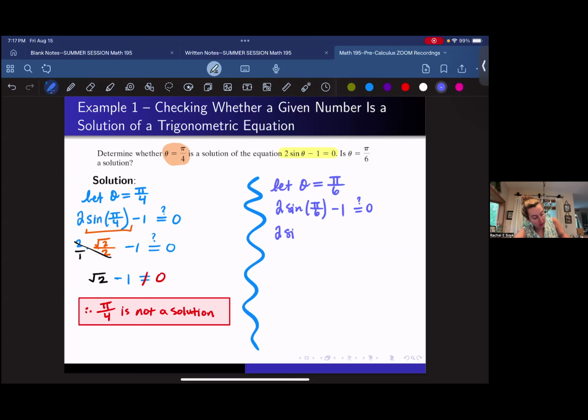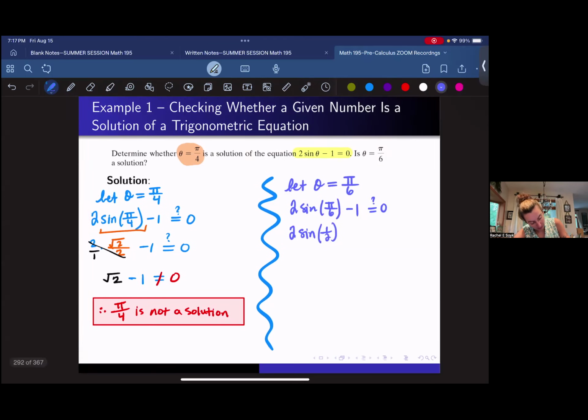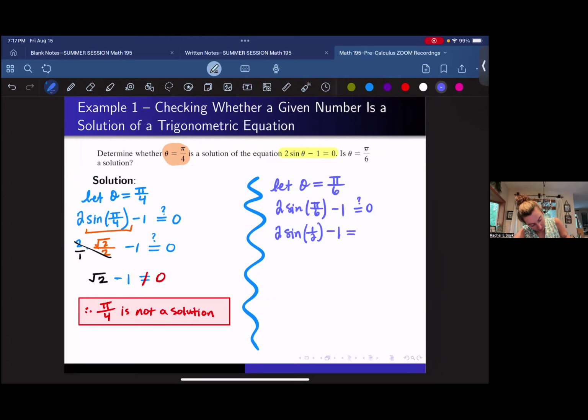And sine pi over 6, that's the same as sine of 30 degrees, which is simply 1/2. I'll use a different color so you can distinctly see that I'm substituting in 1/2 for sine of pi over 6.